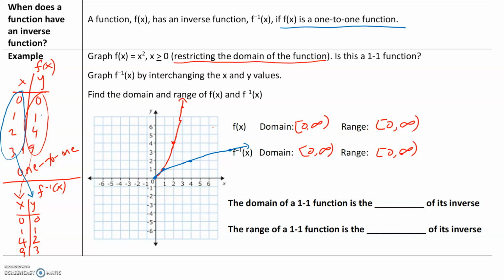So essentially, the domain of a one-to-one function is the range of its inverse. Okay, so the domain here is the range of the original function because the y's became the x's. And the range of a one-to-one function is the domain of its inverse. And we'll see this more in the next few examples.